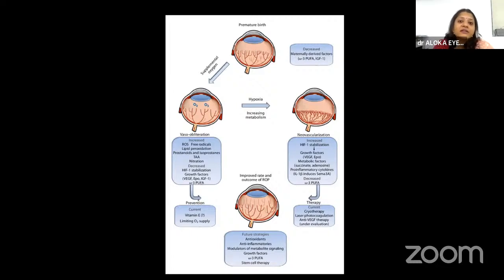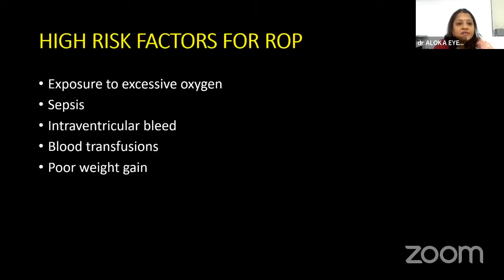If stem cell therapy can be studied in these children, it would go a long way to prevent permanent blindness. So antioxidants, anti-inflammatory markers, and omega-3 fatty acids are being studied now to work as a preventive model against the disease.